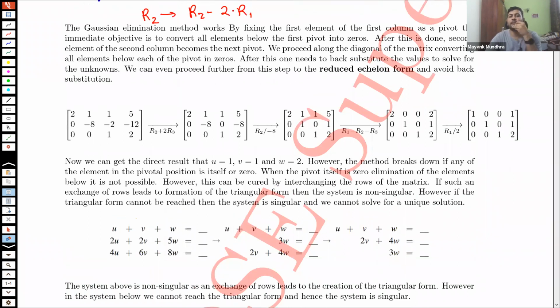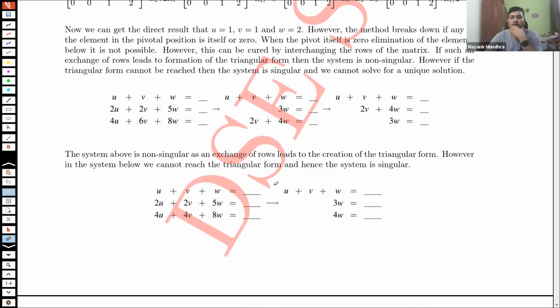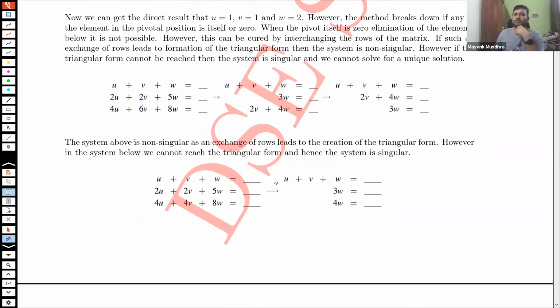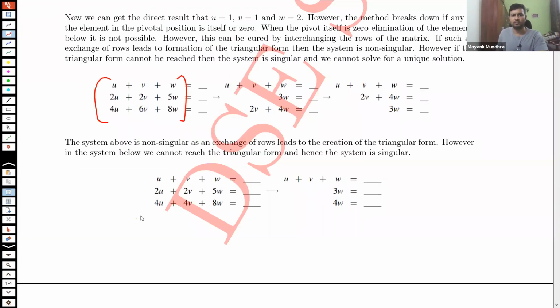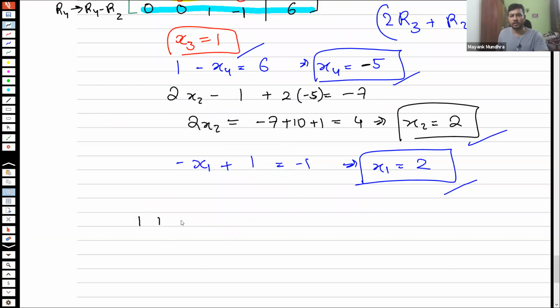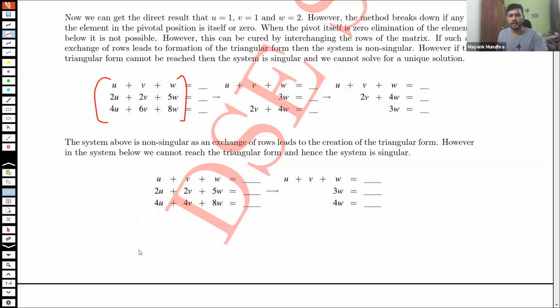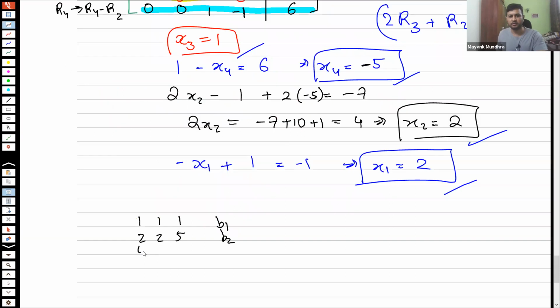Now, sometimes what happens is that when you do the first row operation, suppose your matrix looks like this: 1 1 1, 2 2 5, 4 6 8, with constants B1, B2, and B3.